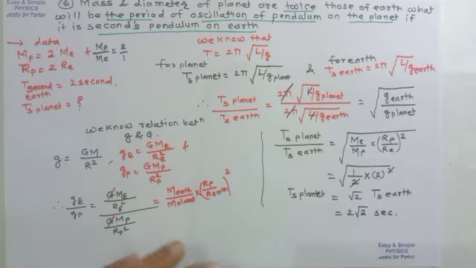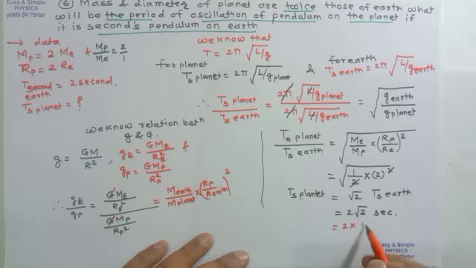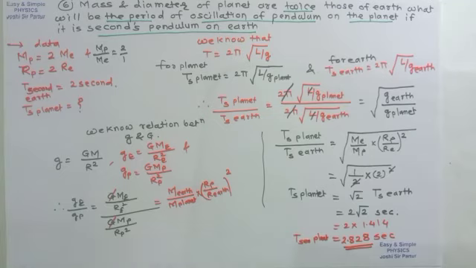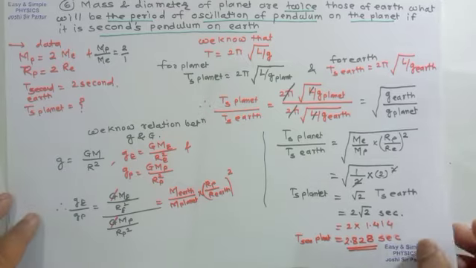If we substitute the value of square root of 2, it will be 2 into 1.414, so it is 2.828 seconds, the time period for second pendulum on planet. Means on planet, time period of second pendulum will be increased. This is the answer for the given example.